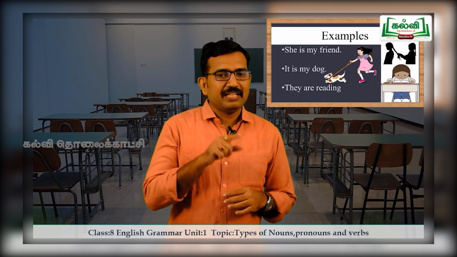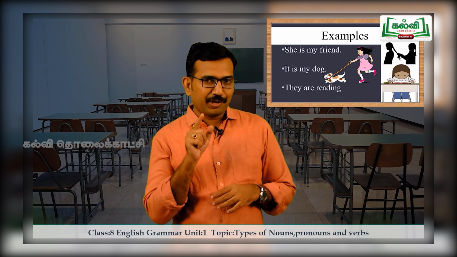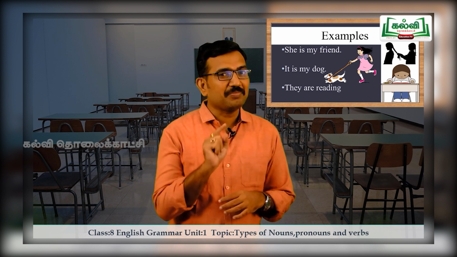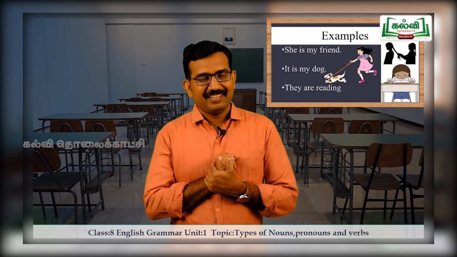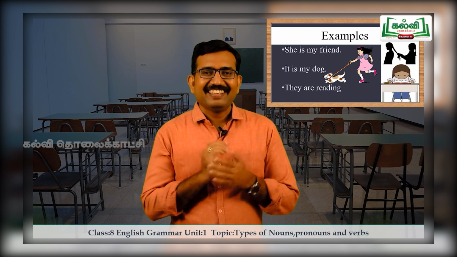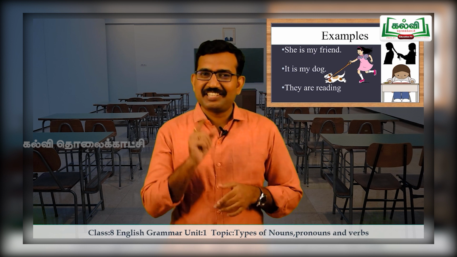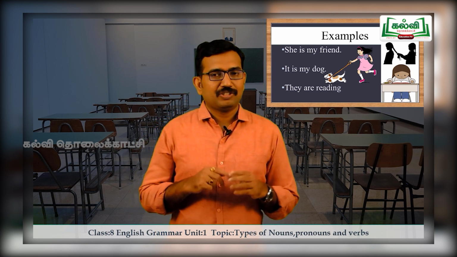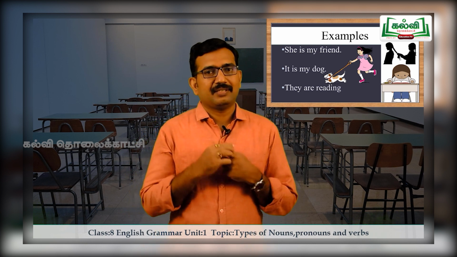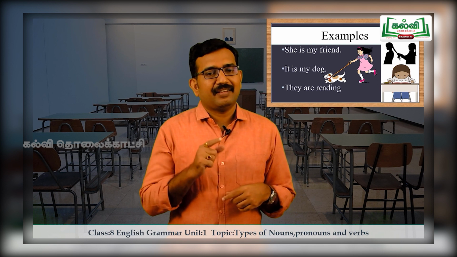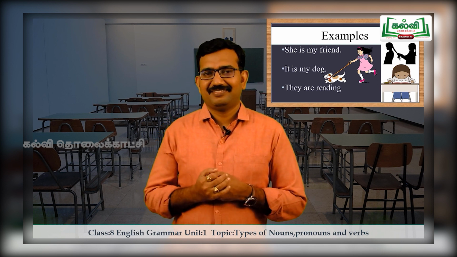Let's check some examples so that you will be clear. She is my friend. It's your duty to identify which is the subject pronoun here. Can you tell me? Yes, you are right. She is the subject pronoun. So next, move on to the next example. It is my dog.